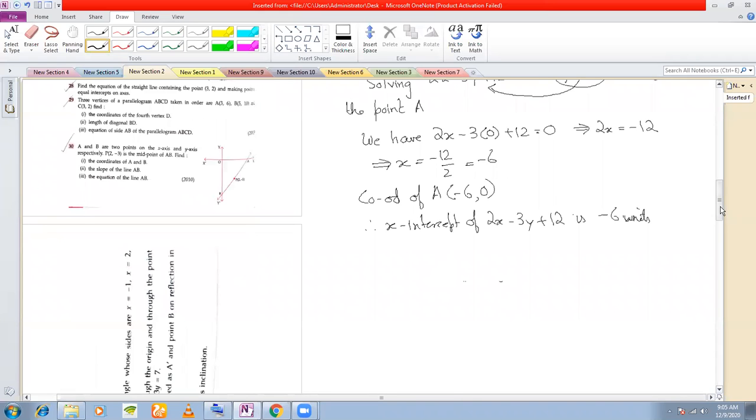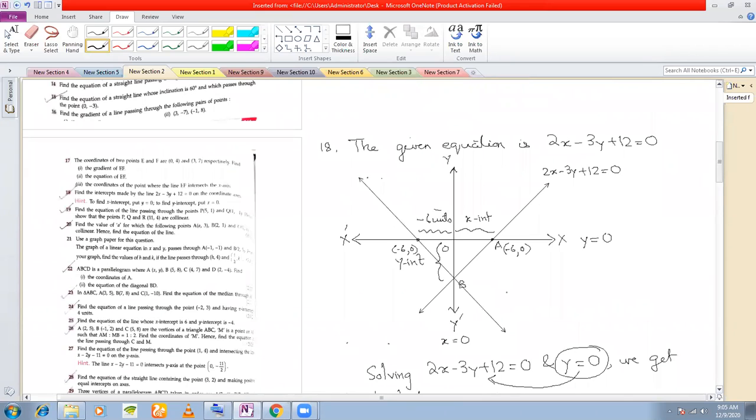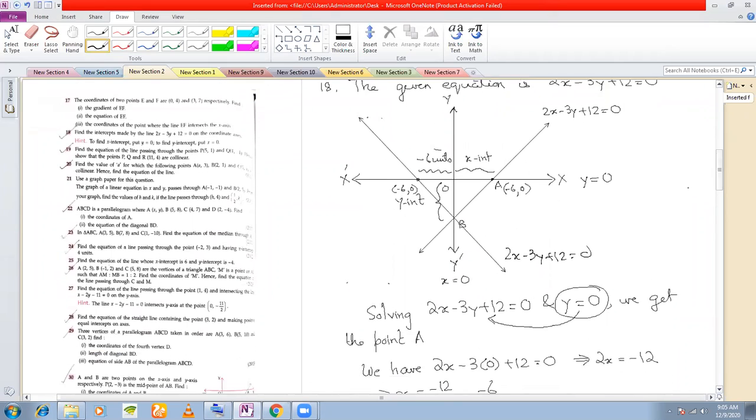Now how to find out the y-intercept? This is your line 2x minus 3y plus 12 is equal to 0. What is the point B? The point B is the point of intersection of this straight line and the y-axis. What is the equation of the y-axis? X is equal to 0.